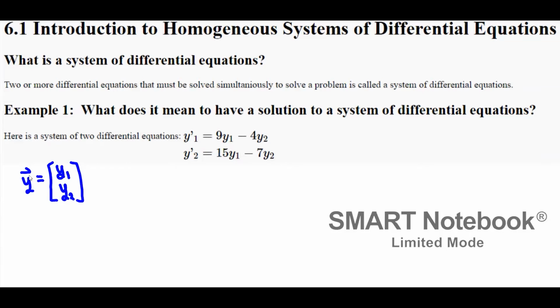So this vector y will be the solution to our system. Once we find a solution to the system, we'll call it vector y. And so that means that the vector y prime is going to be the vector that contains the derivatives of y1 and y2.